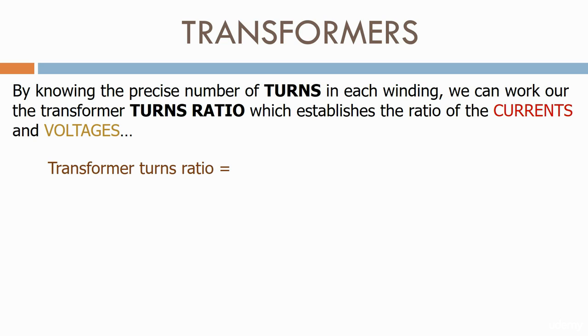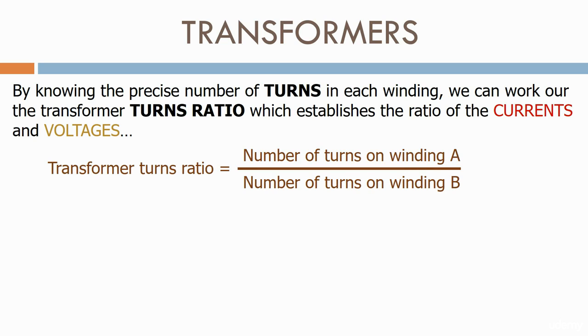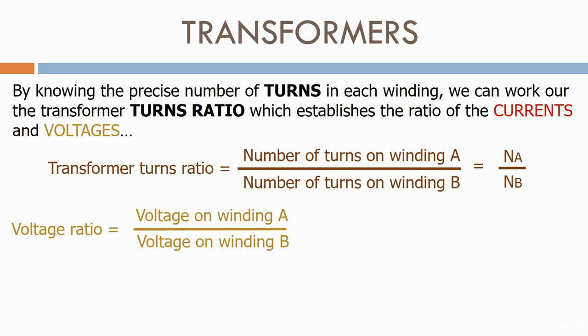Transformer turns ratio equals the number of turns on winding A divided by the number of turns on winding B, equals NA divided by NB. The voltage ratio equals the voltage on winding A divided by the voltage on winding B, equals the transformer turns ratio NA over NB.